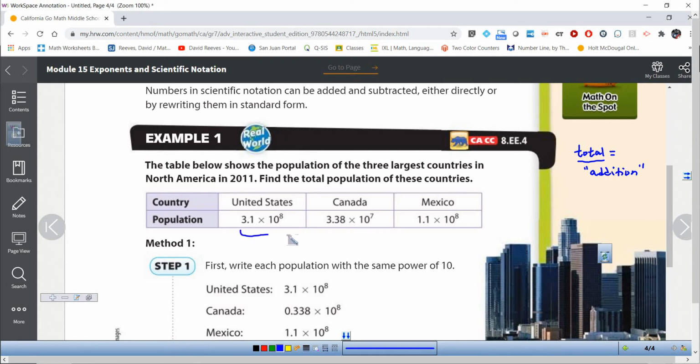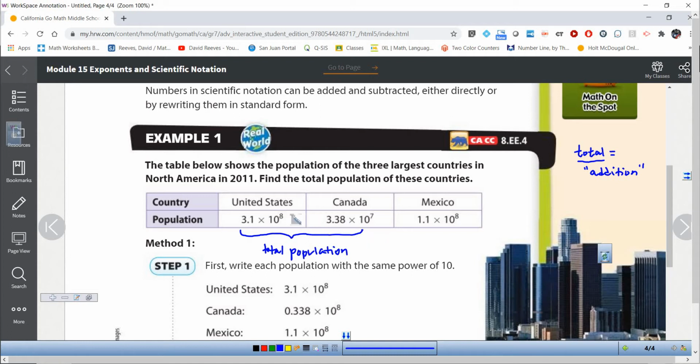So let me ask you, what is the total population of North America, which is made up of the United States and Canada? What was the total population of North America in 2011? So I need to add these two numbers together.